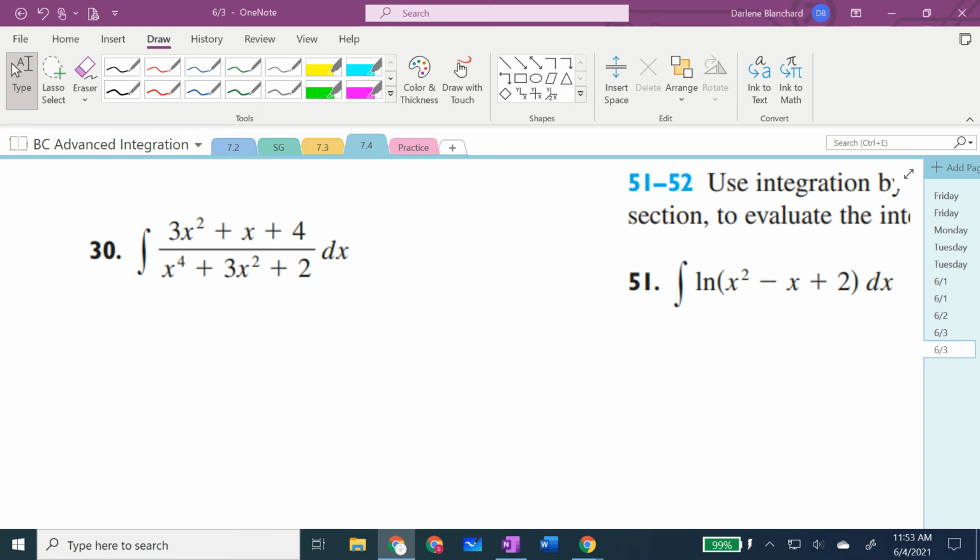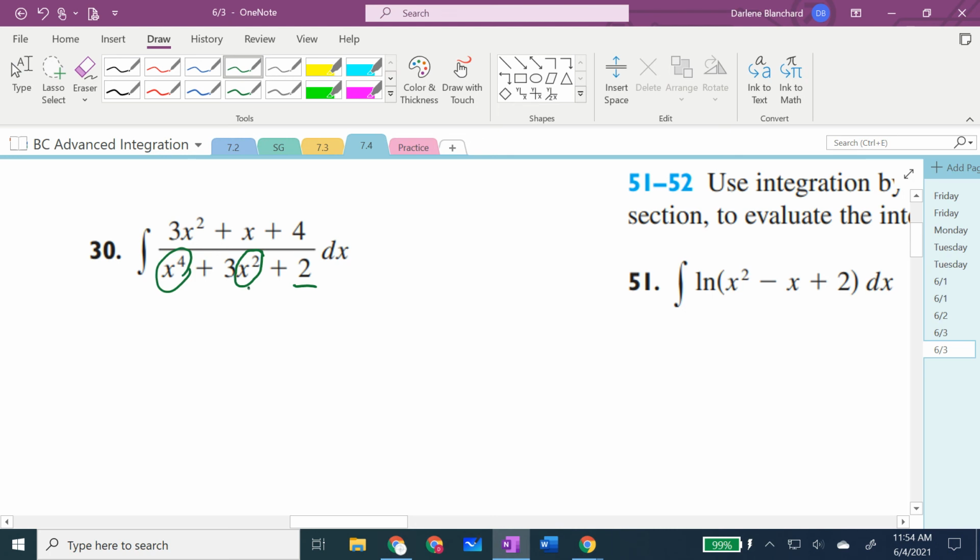Then, second thing, look at that denominator. Can we factor it? How much can we factor it? What you should notice about the denominator is you have a constant term, you have a term with the function x squared, and you have a term that is that x squared function squared.